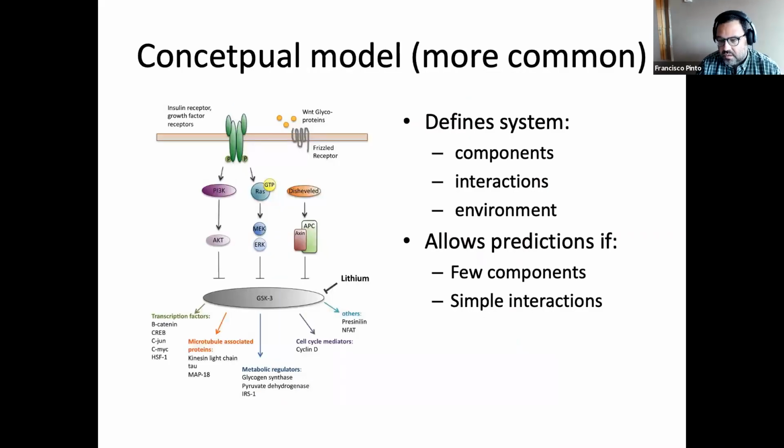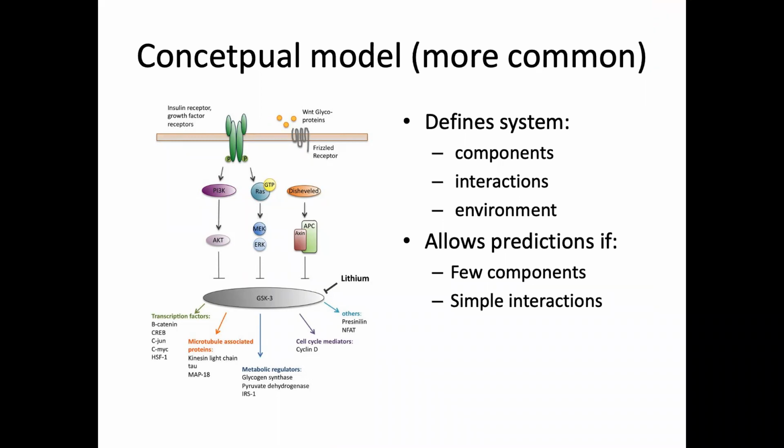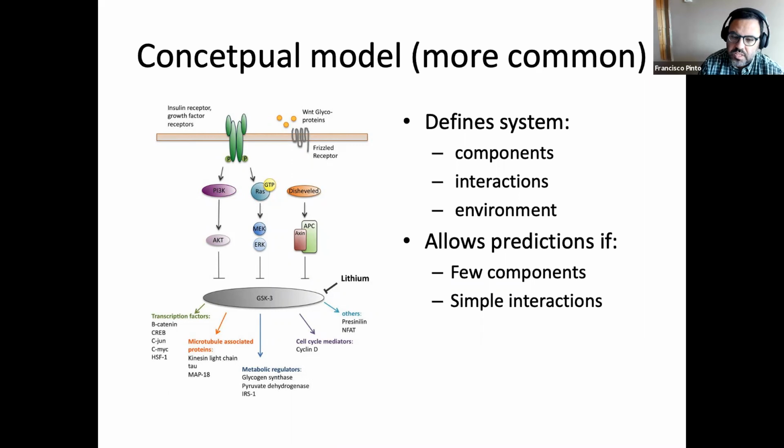In biology, particularly in molecular and cellular biology, people work mainly with conceptual models. So normally people studying a pathway, a cellular process, or an interaction between cell types or whatever, have in their heads, when they design the experiments, some kind of cartoon like this that allows them to think about the system.